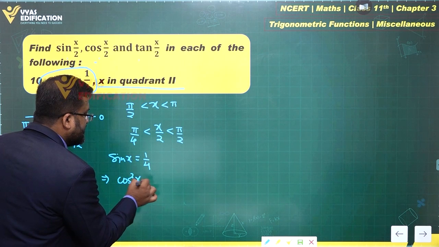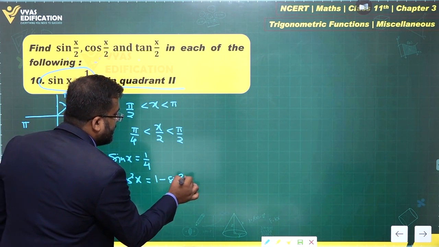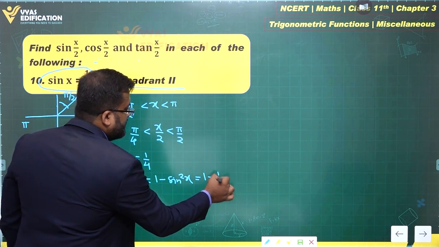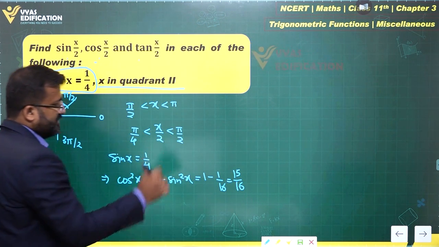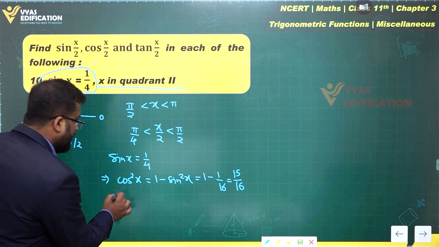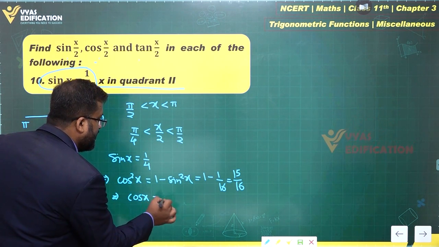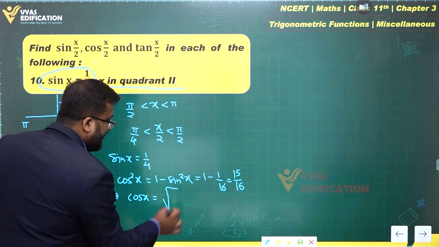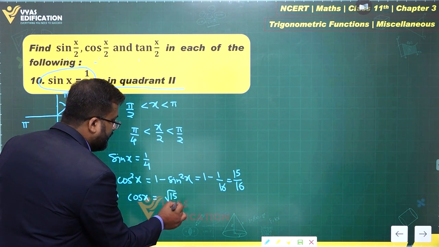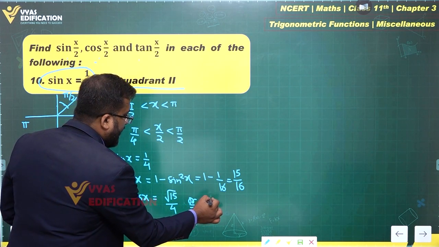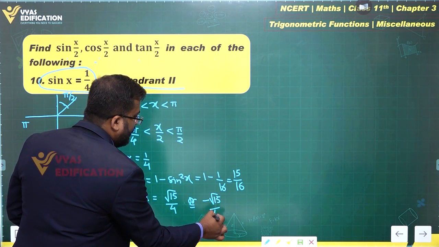Cos square x is equal to 1 minus sin square x. Okay, this is 1 minus 1 by 16, which becomes 15 by 16. Can you observe this? And therefore cos x becomes square root of 15 by 4, or minus square root of 15 by 4.